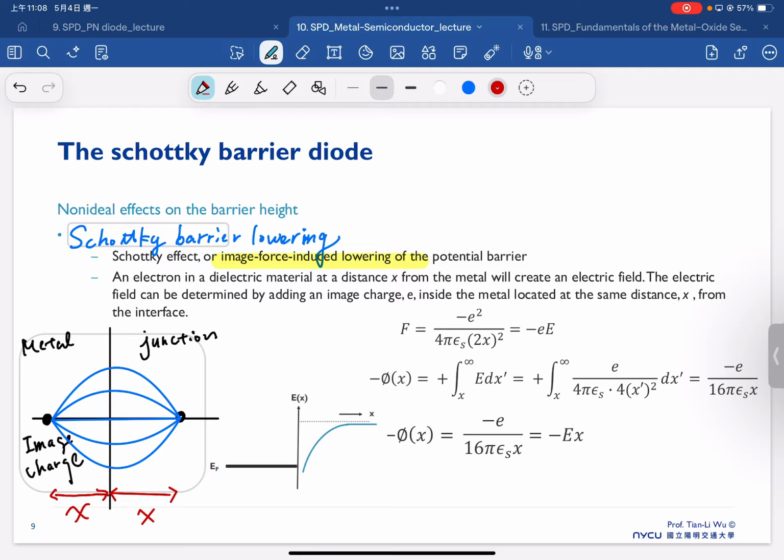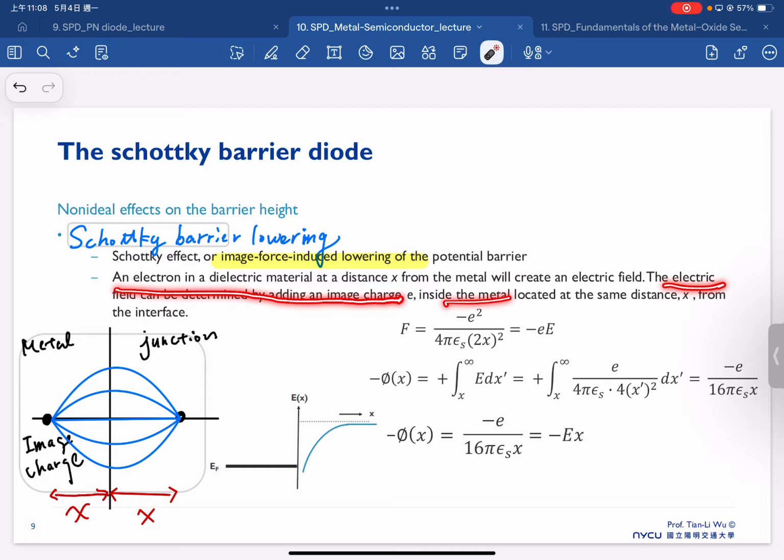An electron in a dielectric material at a distance x from the metal will create an electric field. The electric field can be determined by adding an image charge, minus e, inside the metal, located at the same distance from the interface.